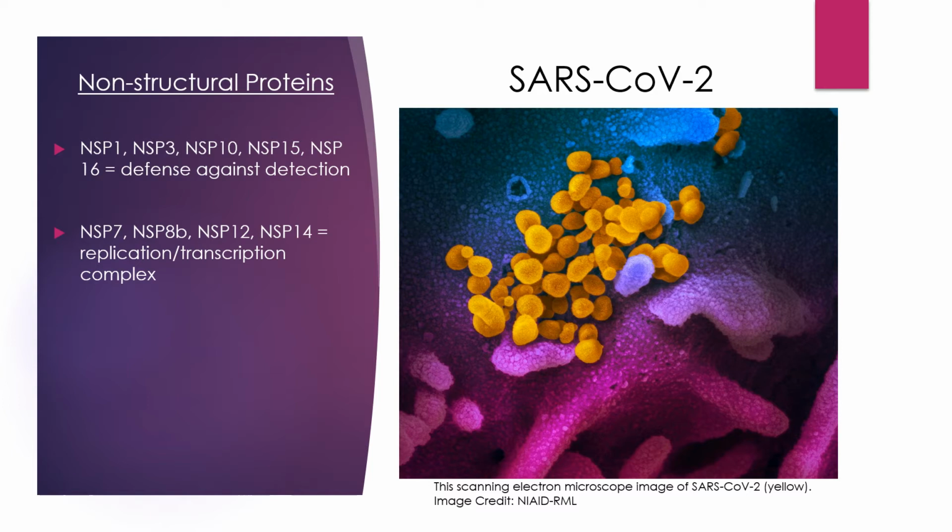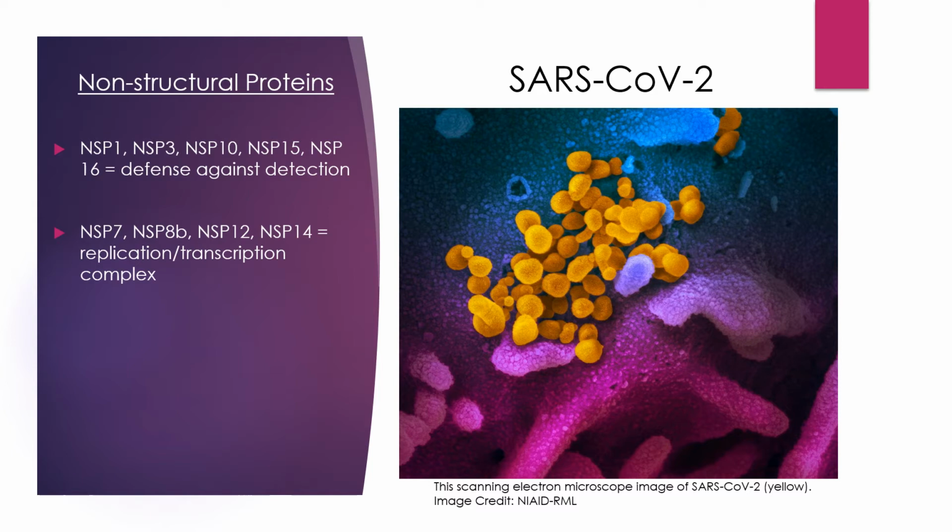And in some cases, they actually chop up little bits of viral RNA that don't get incorporated into viruses so that it's harder for an infected cell to display those strange molecules on their surface and be recognized as infected by the immune system.